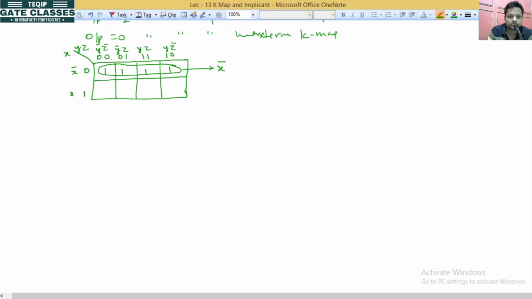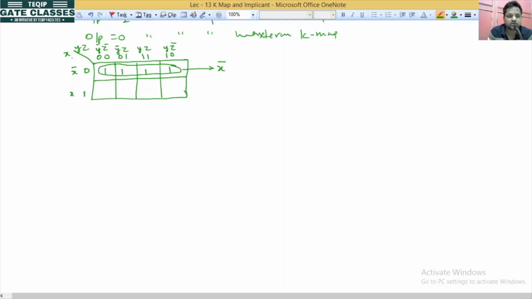Now from above, anything common? No, because it is y bar z bar, y bar z, yz, yz bar. It must be common in all the cells. So nothing is common, either y or z, either y bar or z bar. Nothing is common in these 4 cells. So the expression for this group will be x bar.